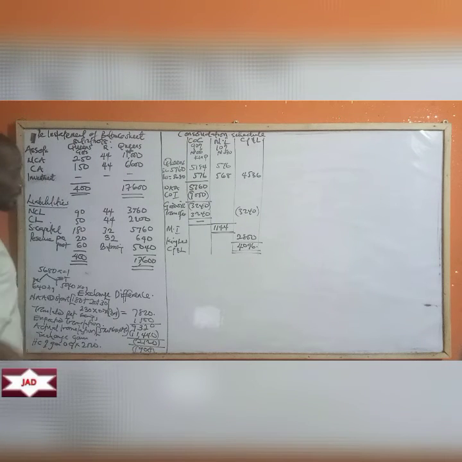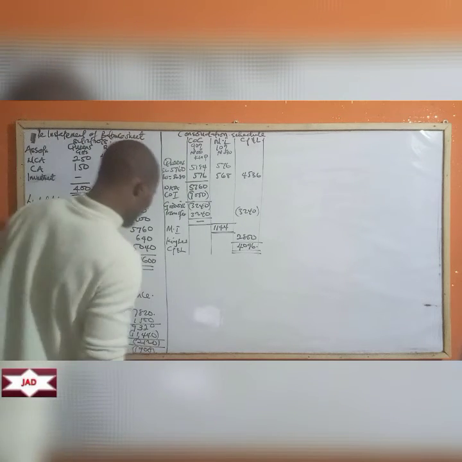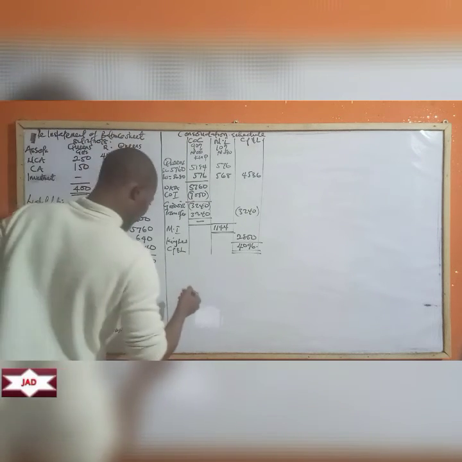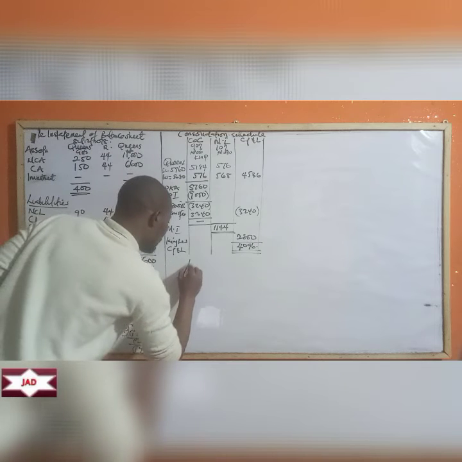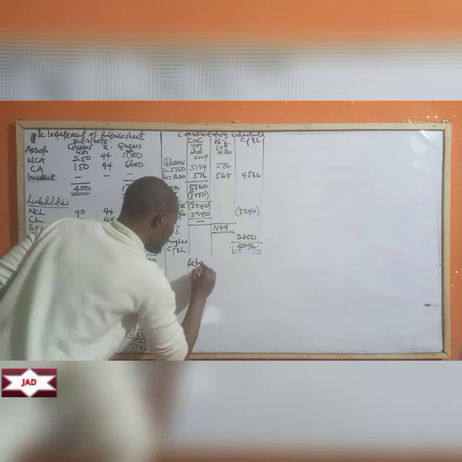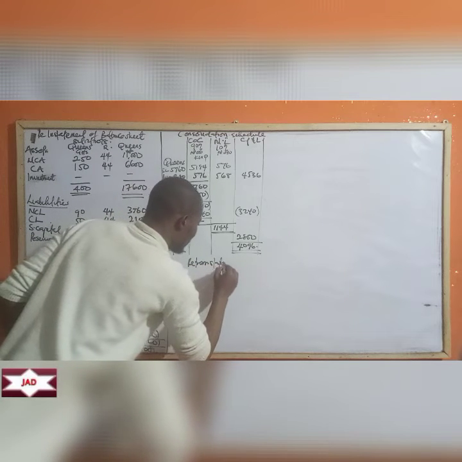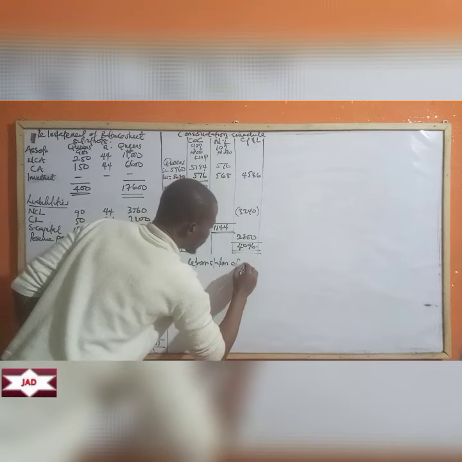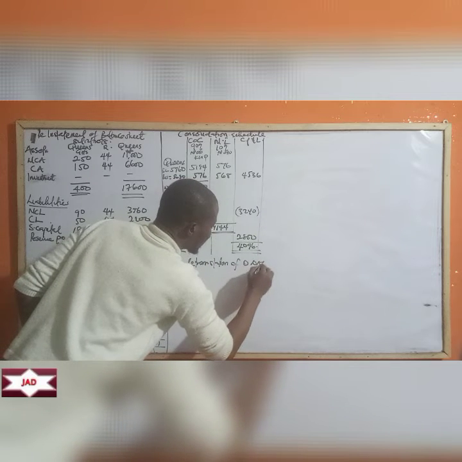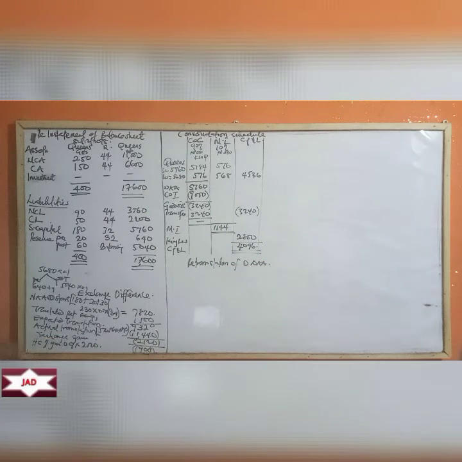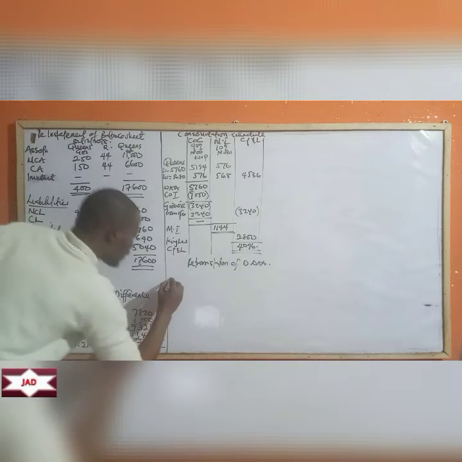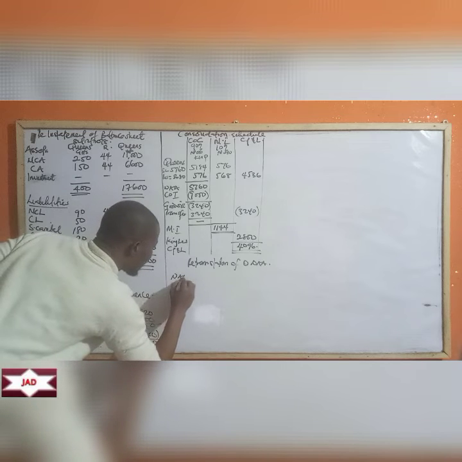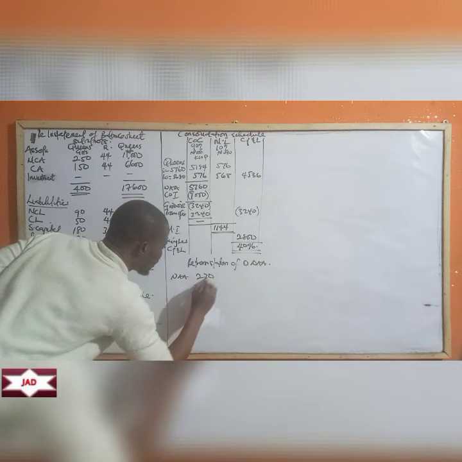So what do we have? So we say retranslation of what? Opening net asset acquired. Okay? So what opening net asset acquired now? We have 230. So we have net asset acquired, that's 230.